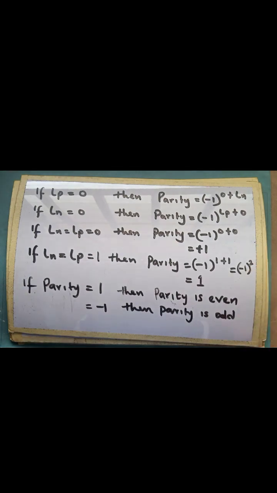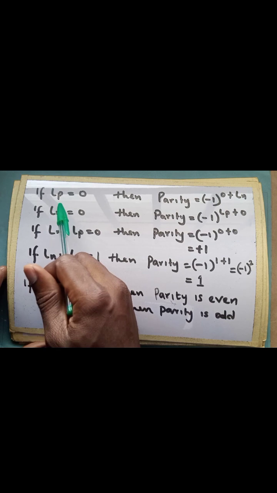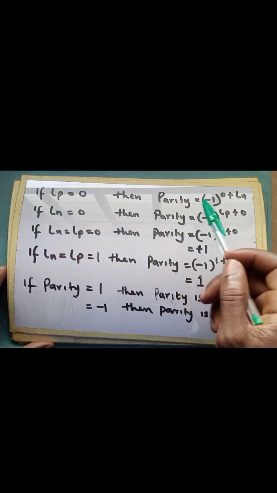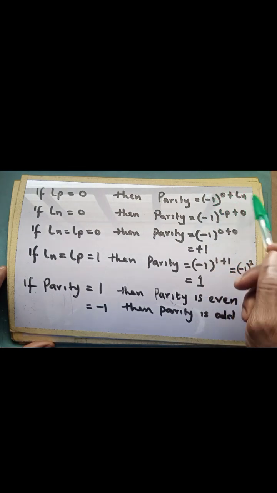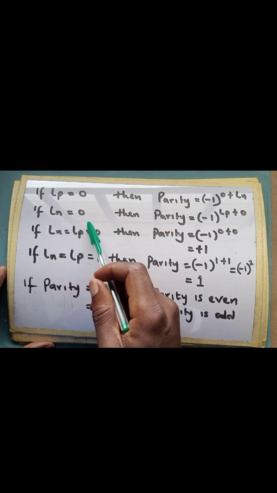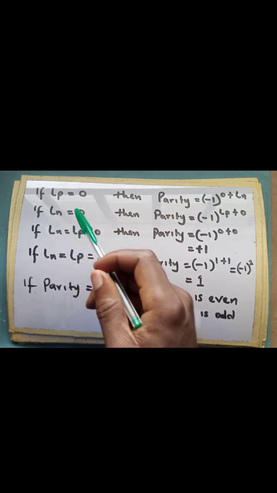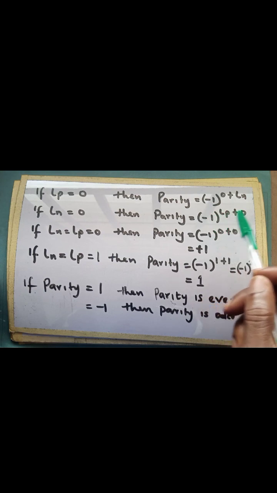So if the unpaired proton Lp is equal to 0, then the parity will take the form (-1)^(0 + Ln). But if Ln is equal to 0, which means an even number of neutrons, then we have parity equal to (-1)^(Lp + 0).